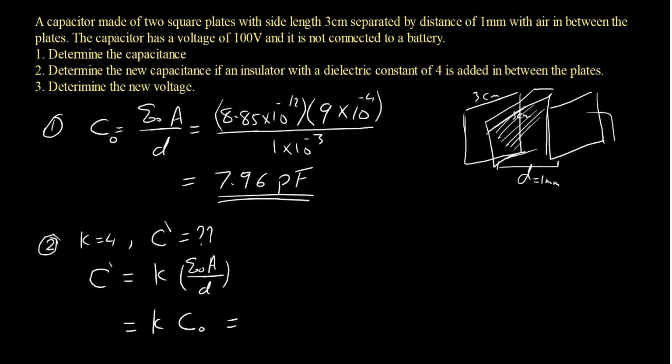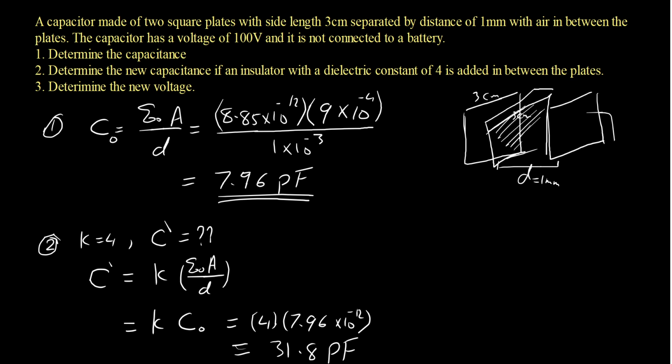So in this way, just to follow the examples maybe from other previous videos, that will be 4 multiplied by 7.96 times 10 to the power minus 12, and that should give us 31.8 picofarad, and we can see again that the dielectric material really did increase the capacitance of our capacitor.